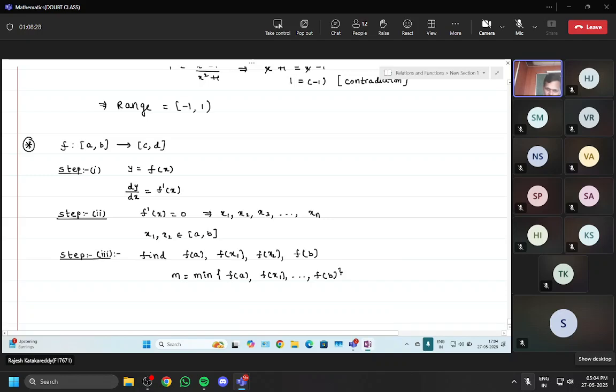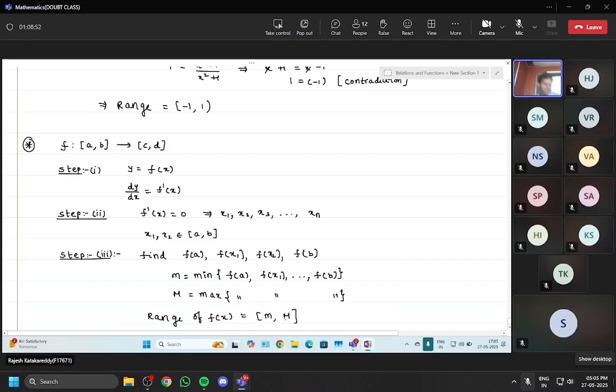Capital M stands for the maximum out of those four. Now the range of the function f of x will be small m to capital M, with the bracket closed on both sides.